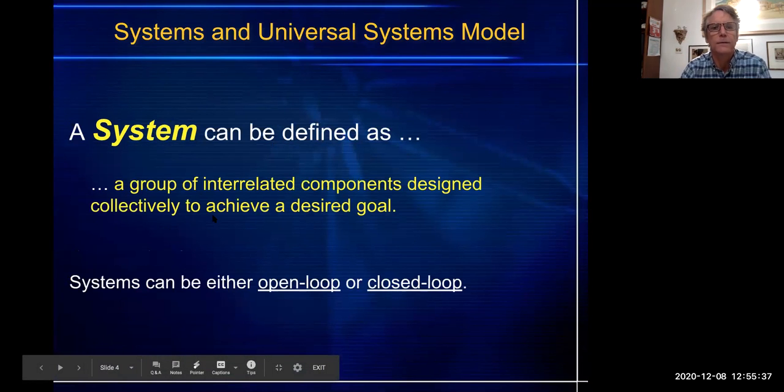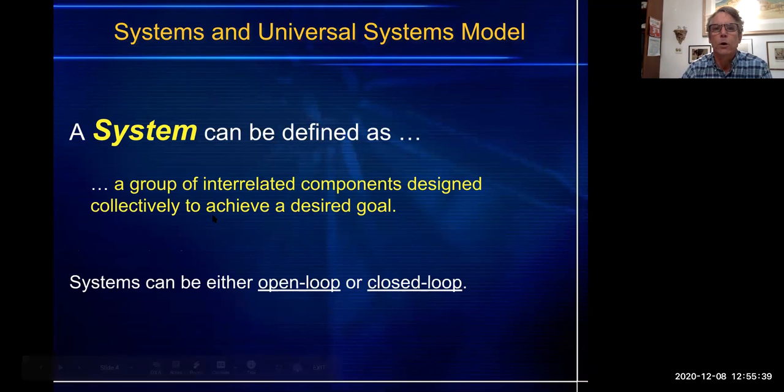As you can see, I kind of like this one. So here's one of our words, system. A system can be defined as a group of interrelated components designed collectively to achieve a desired goal.